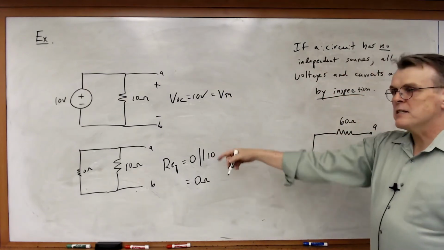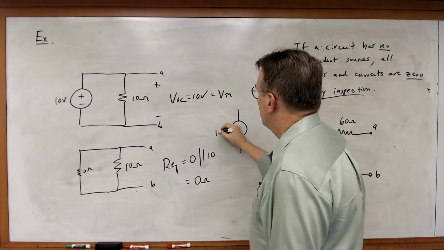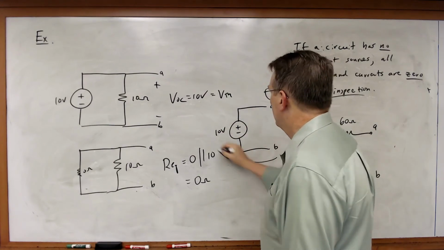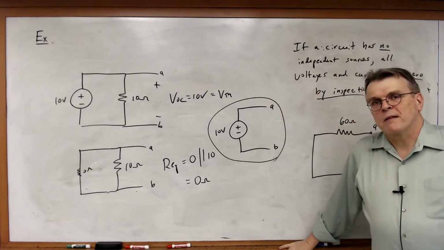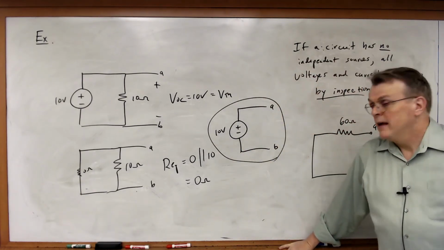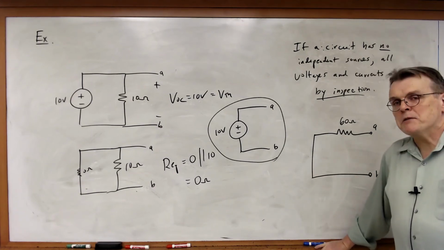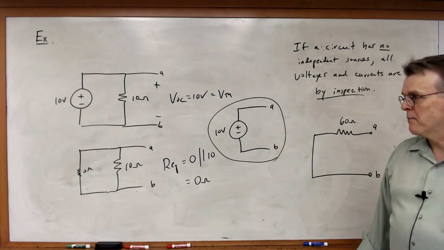So in this case, the Thevenin equivalent circuit is just a 10-volt source and nothing else. So you can also have circuits that are nothing except a source, and circuits that are nothing but a resistor. So this is absolutely possible, depending upon the configuration that you're examining.